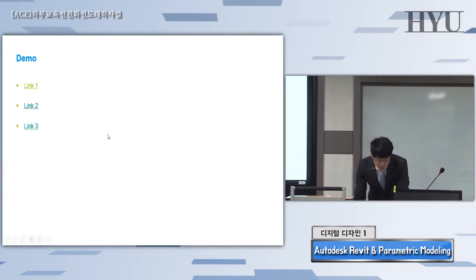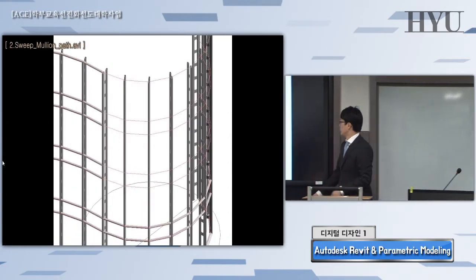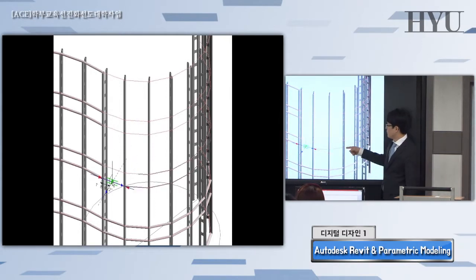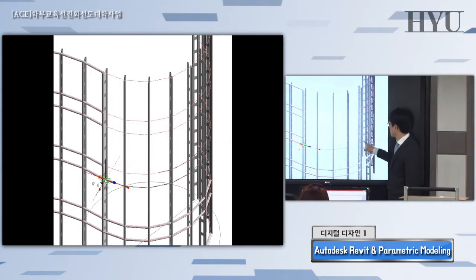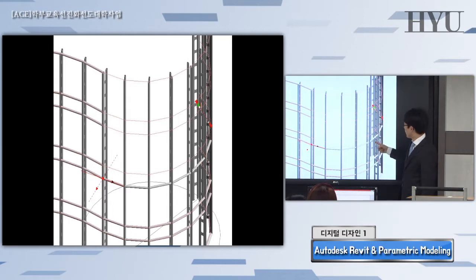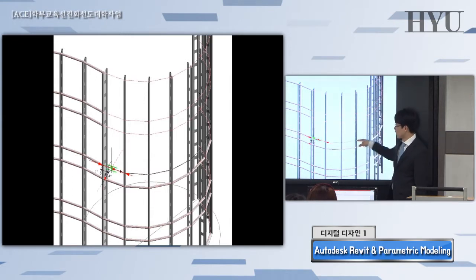Let's see the next one. This is the mullion cottonwool frame, and here is the section, the path of the horizontal bar, and take a look at the modeling of the horizontal bar. Every single bar has its own cut according to the angle of this path. What you need to do is click the path and draw that object this way, from start to end.